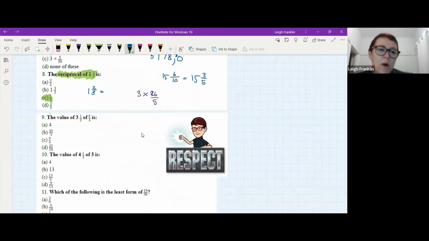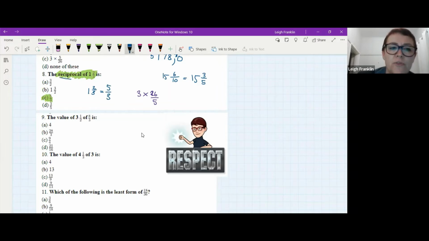If I asked you to make it improper, how would you do that? I don't know. You do know how to make numbers improper from being mixed. You're going to take the number at the bottom, times it by the number in the front, add the number at the top, and keep the same denominator. So you're going to say 3 times 1 plus 2 is 5 over 3.